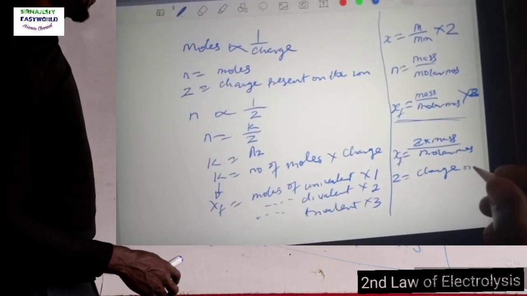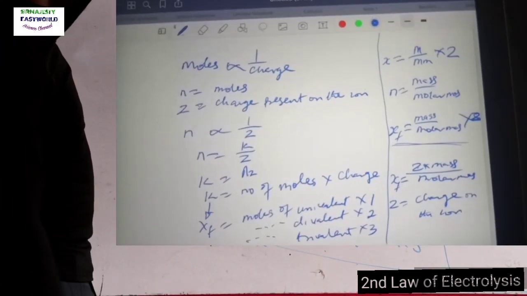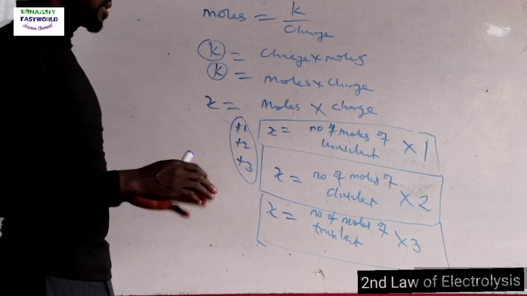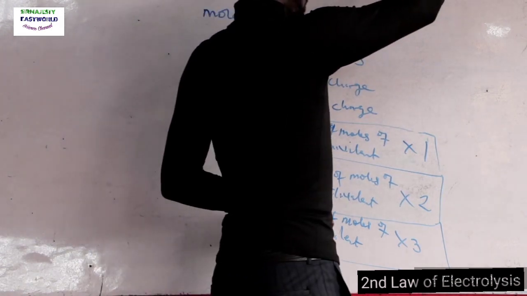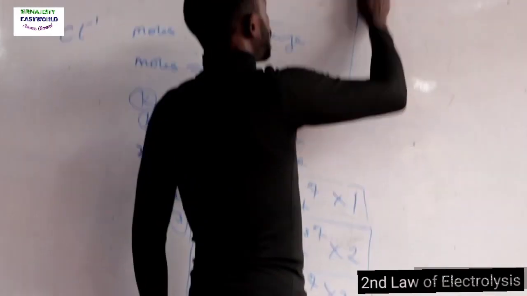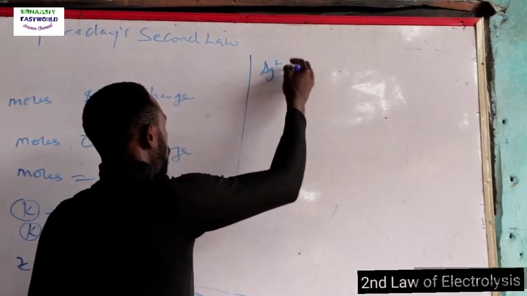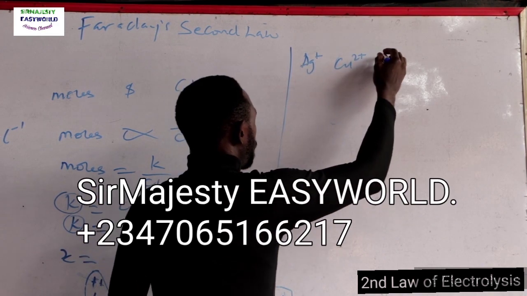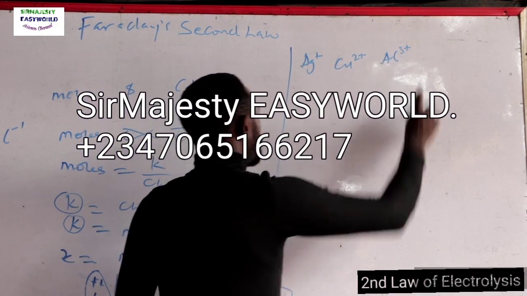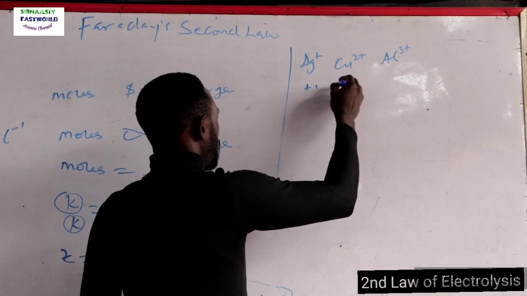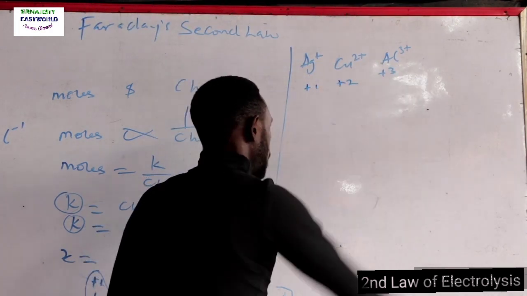But to prove to you what this law is talking about: if you have more charge in you, the lesser mole of you will be produced. Simple. Let's go on and see this. Okay, let's go with Ag +1, copper 2+, and aluminium 3+. You see, the charges in ascending order are +1, +2, and +3.